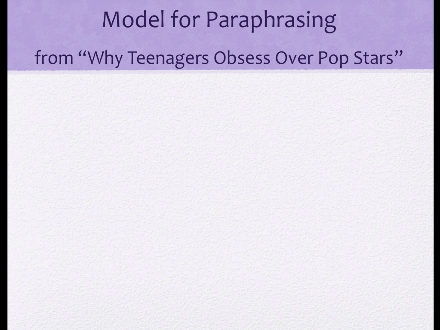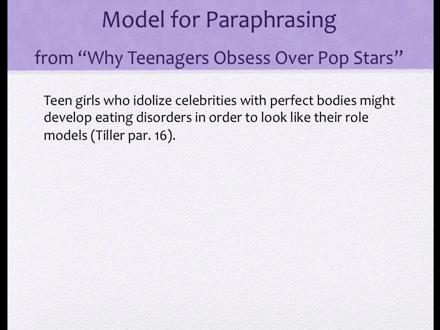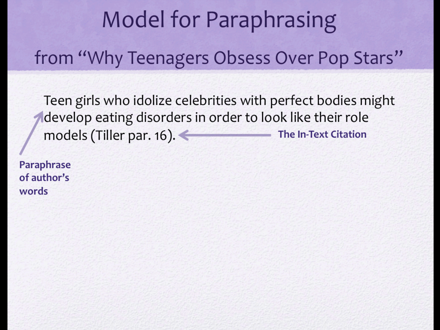Here's a model for paraphrasing from "Why Teenagers Obsess Over Pop Stars." Teen girls who idolize celebrities with perfect bodies might develop eating disorders in order to look like their role models. Now there's an in-text citation because that's a paraphrase of the author's words, and there's the in-text citation. Now let's look at the original quote from the article that the writer paraphrased.